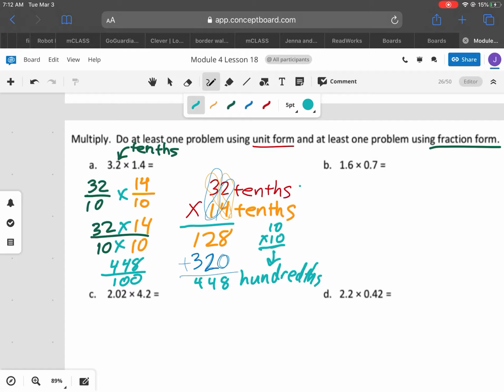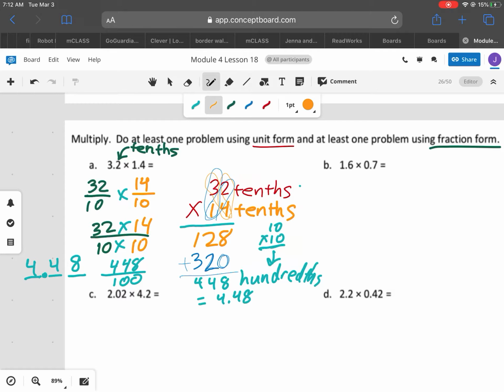Alright, so that means we're going to have the 8, we're going to have ones, tens, hundreds. The 8 is going to go here, the 4 is going to go here, then I'm going to have my decimal, and we're going to have a 4 here. Alright, same thing here. We're going to have 4.48.